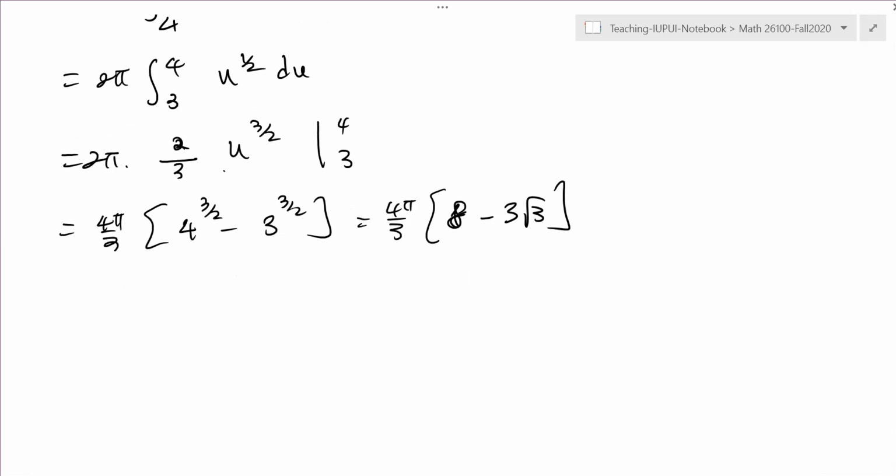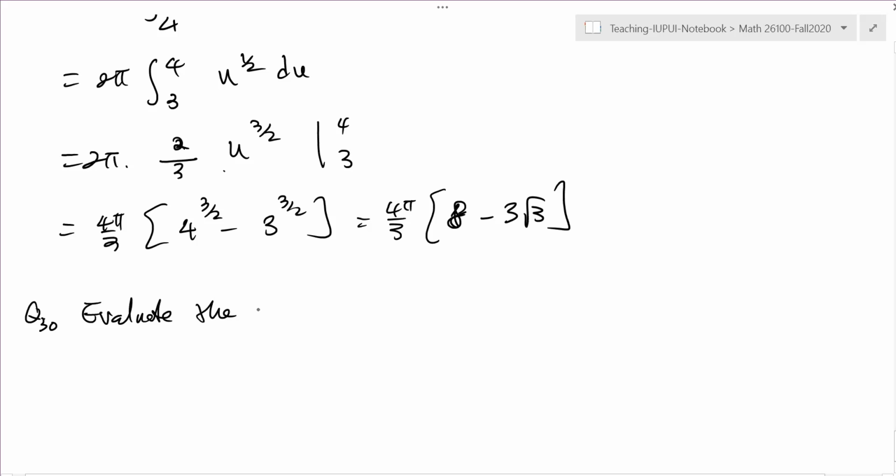Let me just do one more problem. I will just set up the integrals. This is problem 30, which is slightly different from that. You're already given the iterated integral.